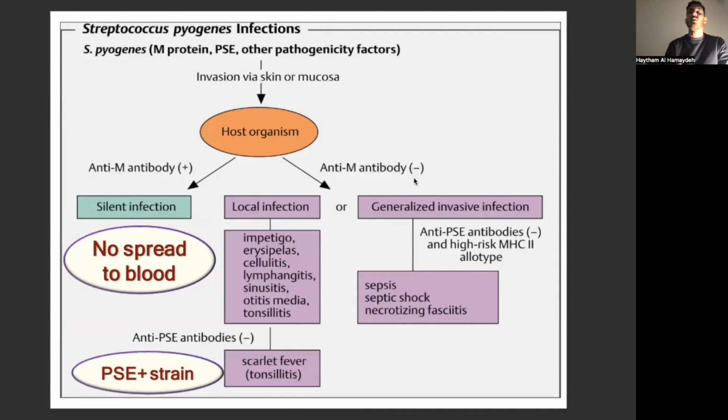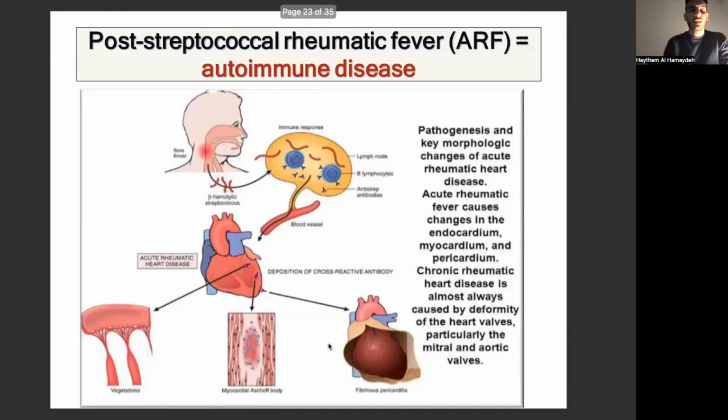If the anti-M protein is absent, we have local infections and generalized invasive infections, and those are very dangerous. This only happens if we don't have antibodies that act against the M protein. If we do have antibodies against the M protein, then we have a silent infection.